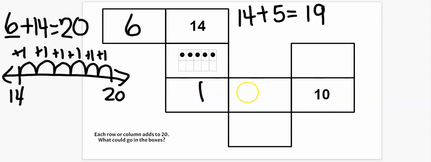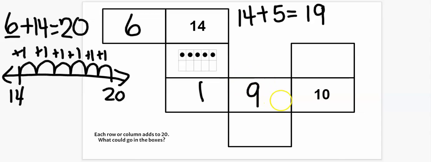If I had 10 and 10, that would be 20, but I still have this 1. So I know these two boxes together have to be 10 because this third box is 10. 1 and 9 make 10.